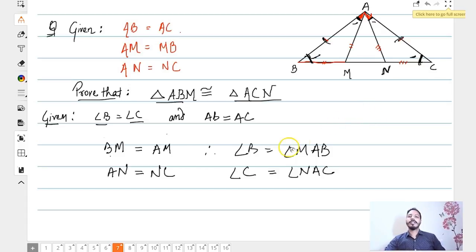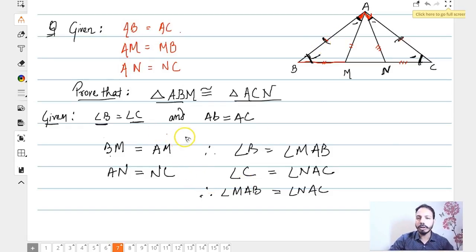And since this angle is equal to this angle, therefore we can say that angle MAB is equal to angle NAC. That means this angle is equal to this angle.